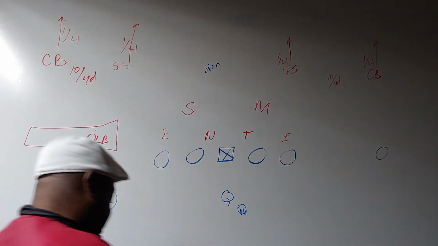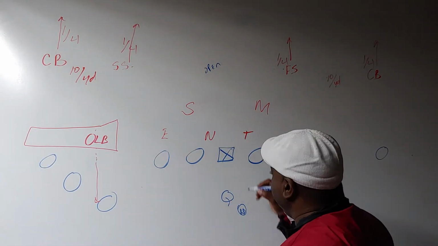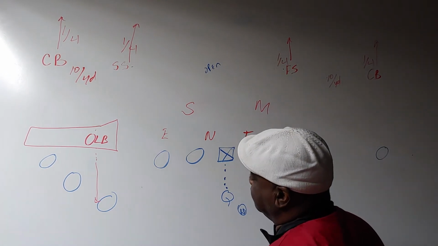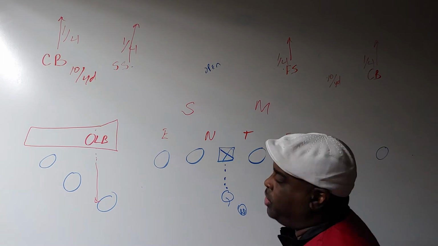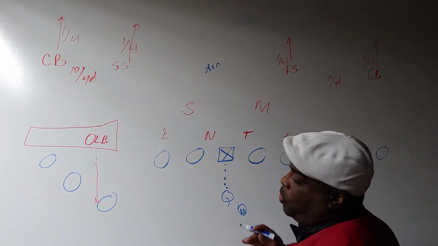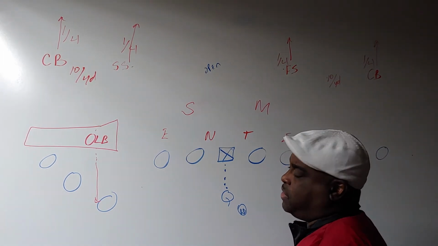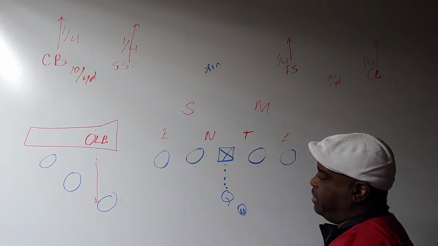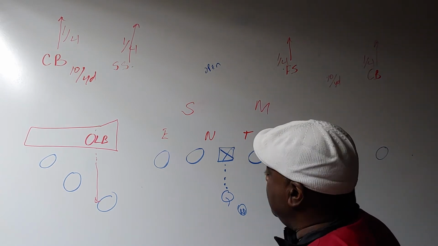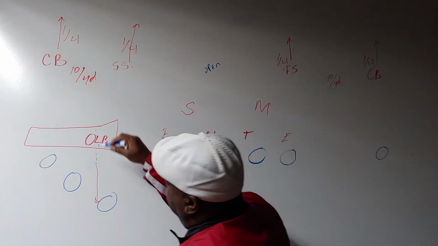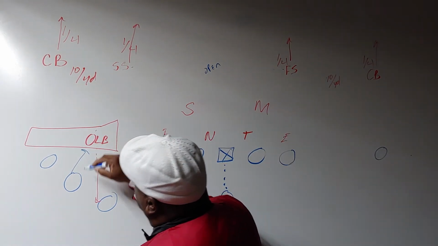If this quarterback gets the ball, what he wants to do, if they're all playing deep, is go underneath that deep stuff, right? So a lot of times they like to throw a bubble screen. The running back, they like to block him.